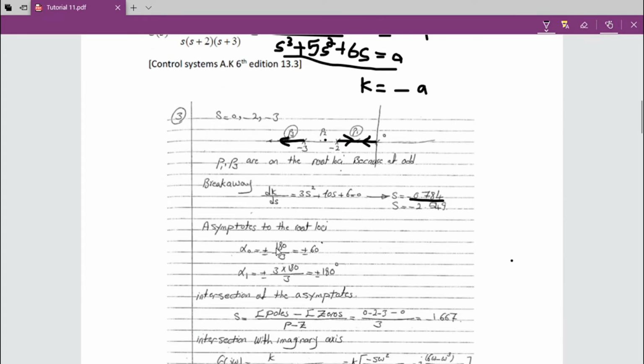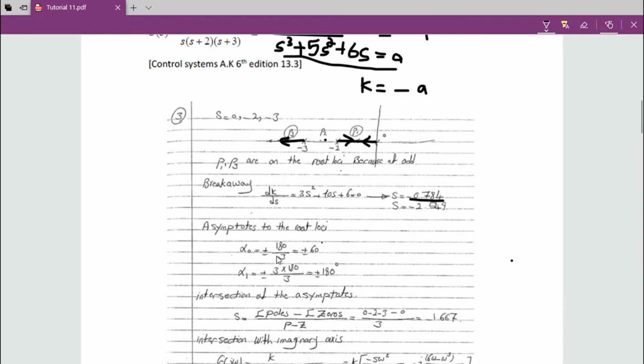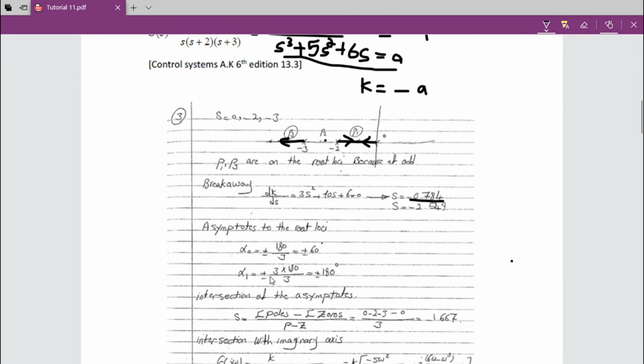When k is equal to 0, 180 upon 3 gives you 60 degrees. When k is equal to 1, 2 times 1 plus 1 is 3, so 3 times 180 upon 3 is equal to 180 degrees.